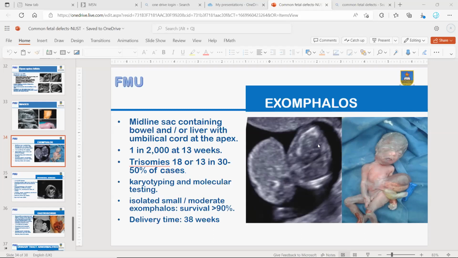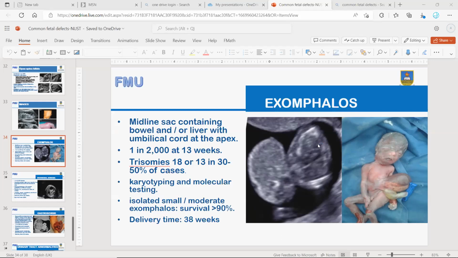So if you scan babies at 10 and 11 weeks, you are going to see what you call a physiological exomphalos. Please do not make the women panic, because I know the moment you begin to look for these things and become more clever, you are going to begin to see things that you were not seeing before. So if you scan between 10 to 11 weeks, you are going to see a physiological exomphalos. There is nothing to write home about a physiological exomphalos.